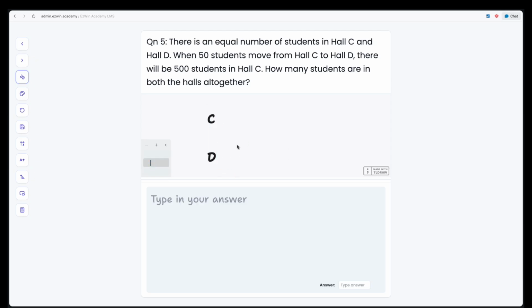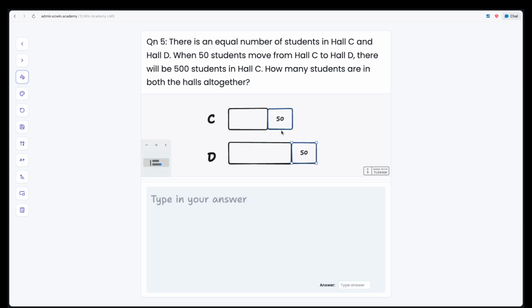So there is an equal number of students in Hall C and Hall D. Let's make it a little bit like this. When 50 students move from Hall C to Hall D, let's say this is 50. So this is Hall C, something like this. Hall C has 50, and then 50 students move from Hall C to Hall D, and it will look something like this.